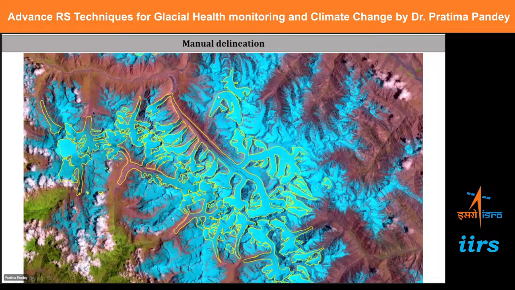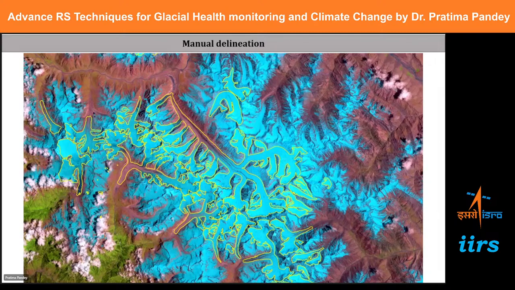So you can see this is a Landsat image. On that the glacier has been manually digitized. So this is how we can delineate glacier manually using remote sensing data. And by using temporal data and manual delineation, after mapping, we can monitor also.